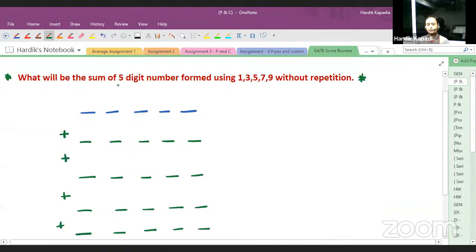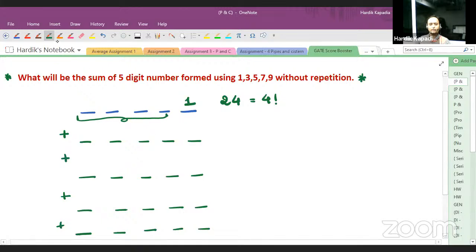So I am explaining it in detail. I'll fix 1 over here. And then after fixing 1, let's say these 4 digits are shuffling. So in how many ways can they shuffle? 24, that is 4 factorial. So total, if I fix 1 over here, then there are 4 factorial ways in which these 4 numbers can shuffle.